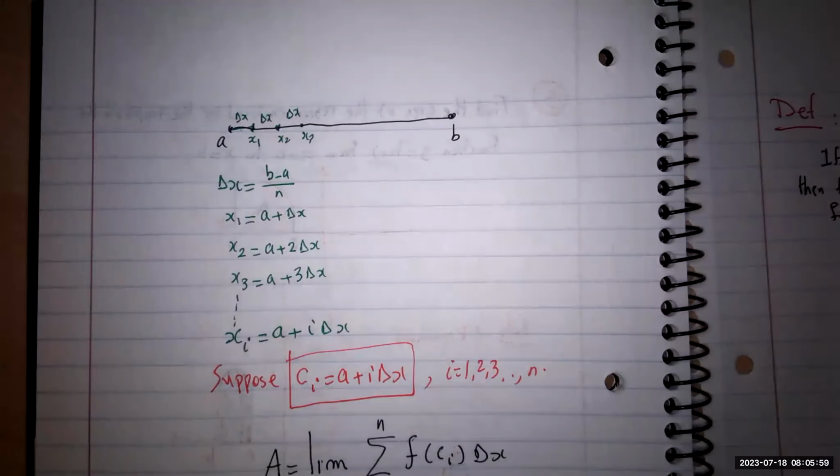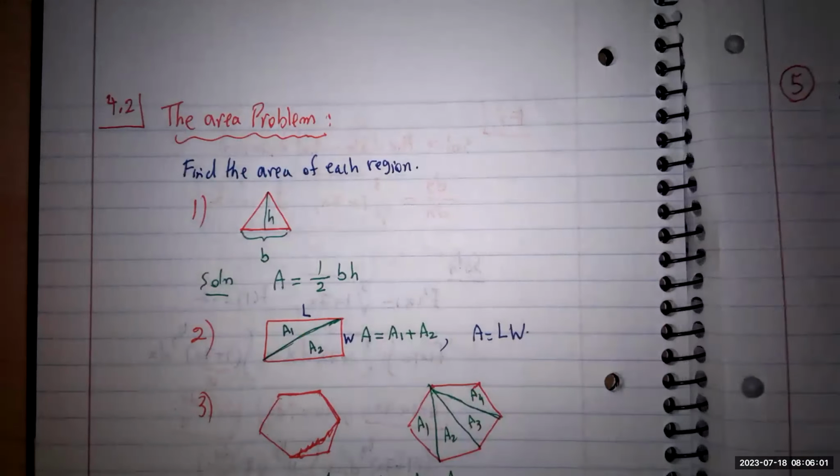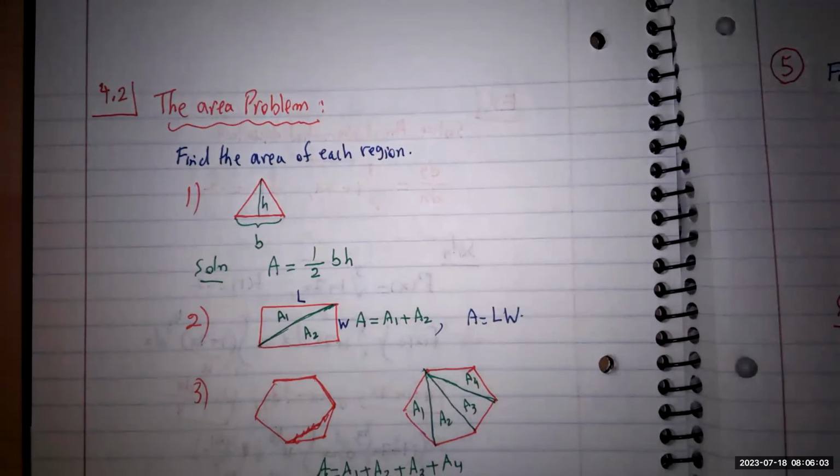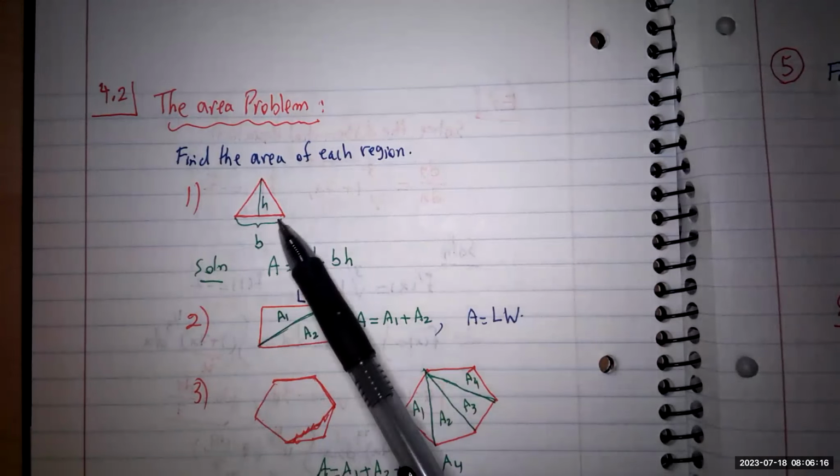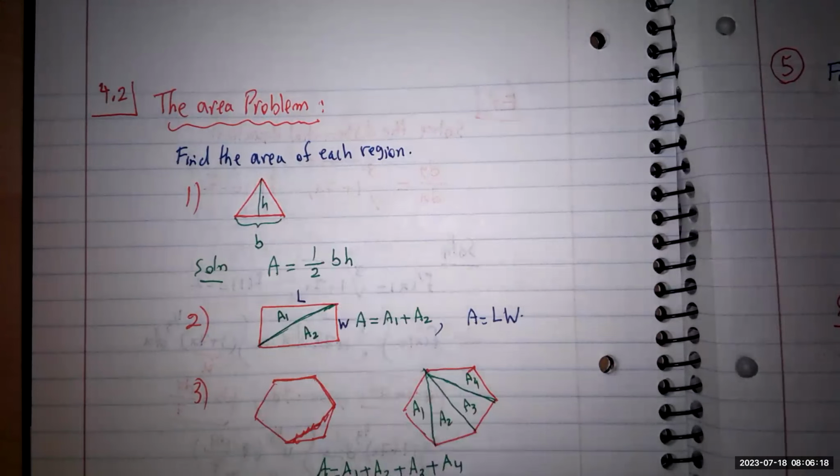So this is what we did the other day. The procedure was: we want to find the area of a given region, so we start with the known area. If the region is triangular, it's easy because we know that the area of a triangle is the product of its base and height divided by 2.